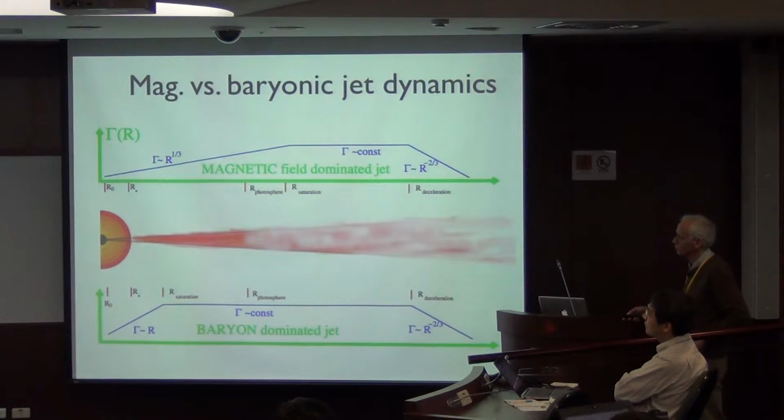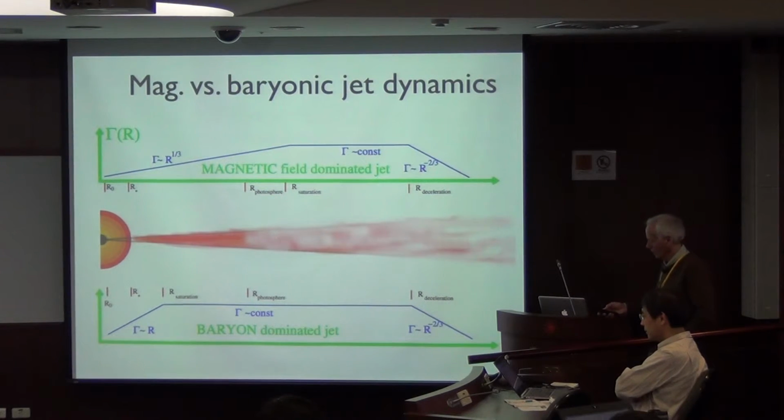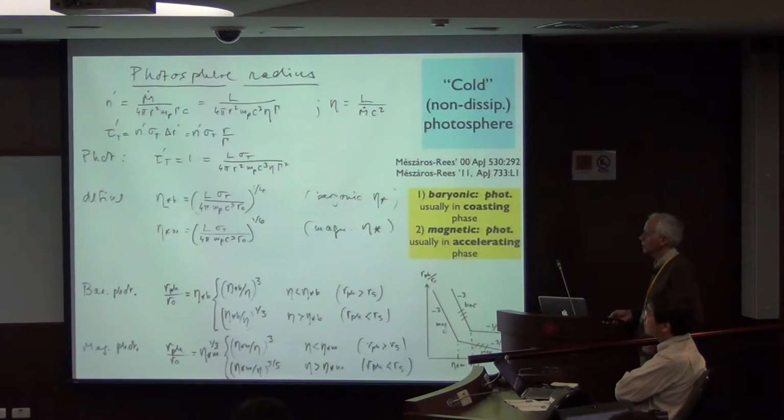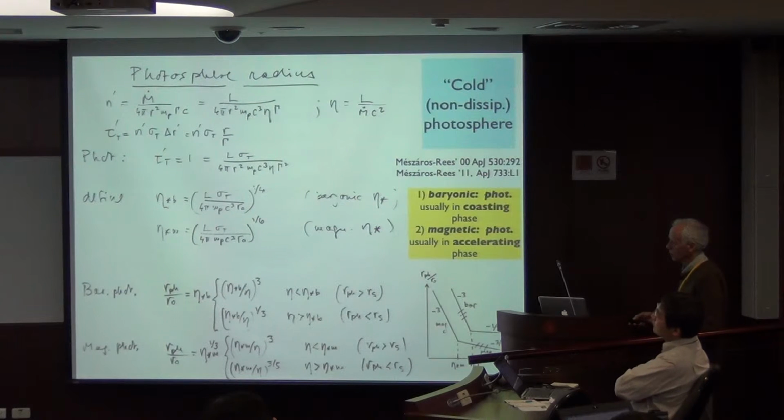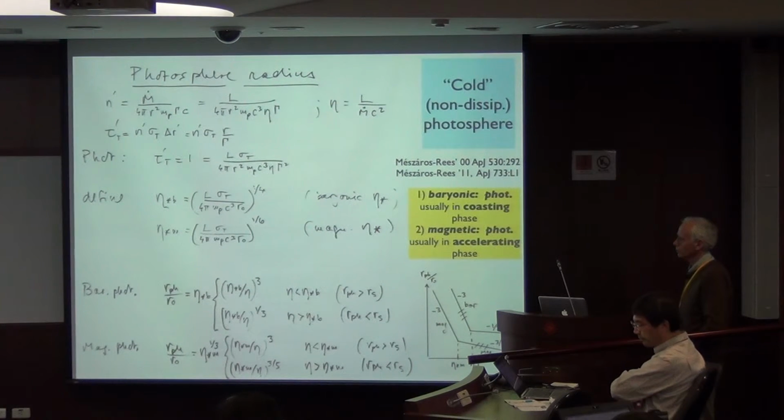So there is a different Lorentz factor for the photosphere, and it also occurs at a different radius from the central engine. Let me not go into details, but you can calculate the photospheric radius by saying that the scattering optical depth, which you can express in the comoving frame, has to be set equal to unity, and that gives you the radius at which the photosphere occurs.